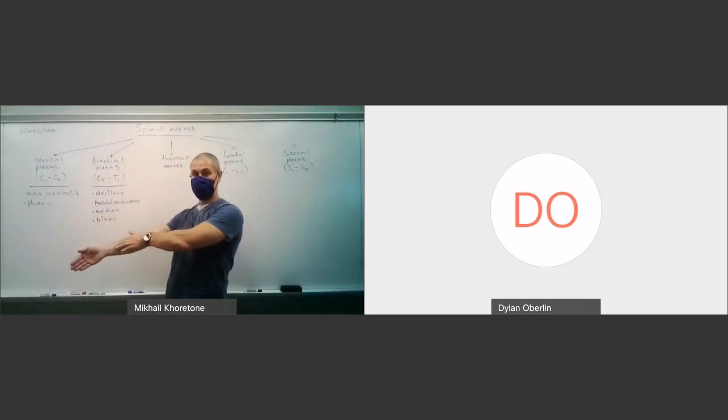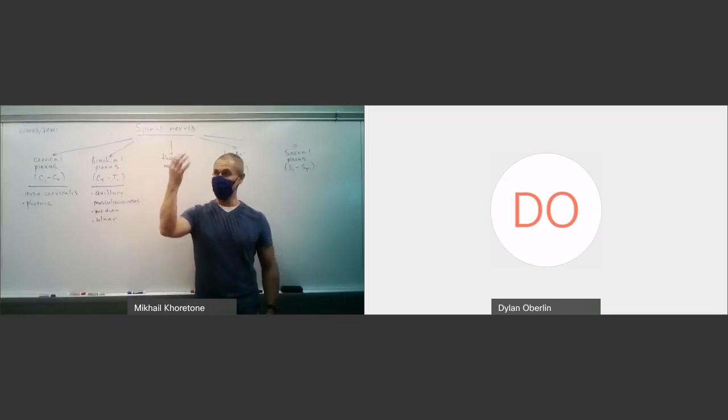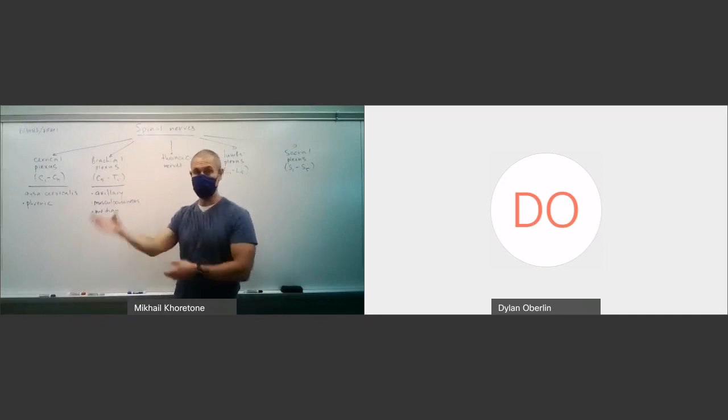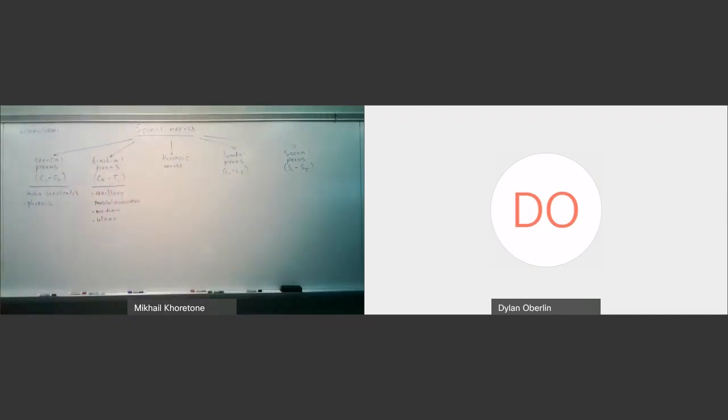Median nerve will run approximately here and will be responsible for flexion of your wrist and first two fingers. Ulnar nerve will run medially and will be responsible for this. Now look at Benjamin. To Benjamin, that's ulnar. Ulnar nerve runs right about here.